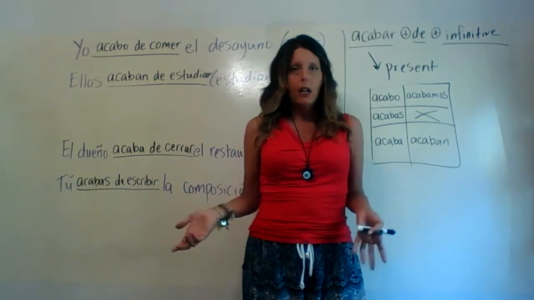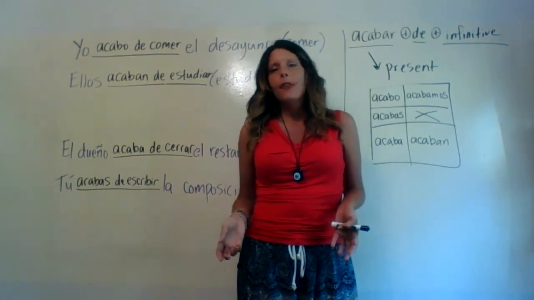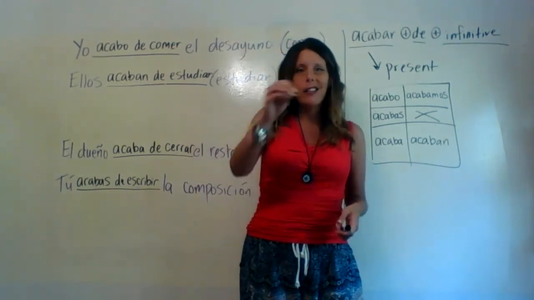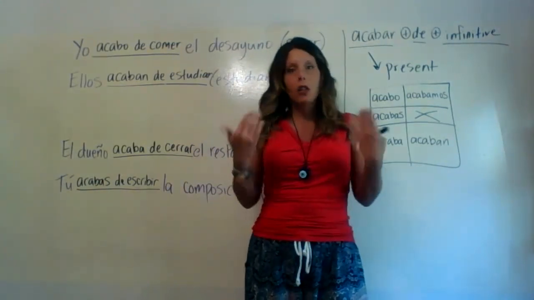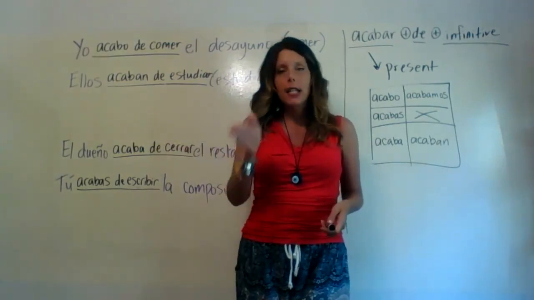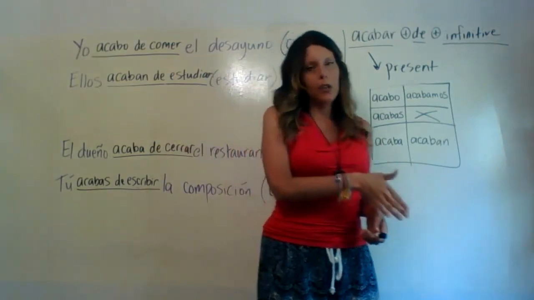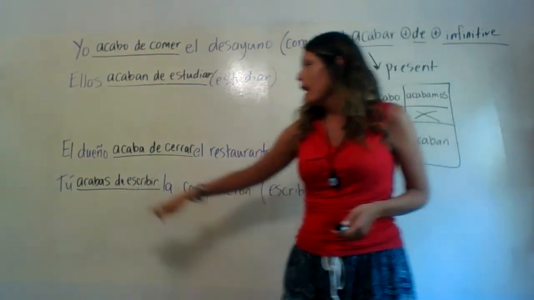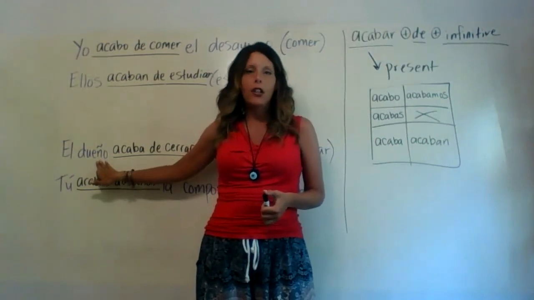And the guy maybe responds to me, no, it's not closed forever. The owner just closed the restaurant. Like he just closed it for the night. You just got here too late, right? The owner just closed the restaurant. We can use acabar plus de plus infinitive. So el dueño is a third person singular subject.